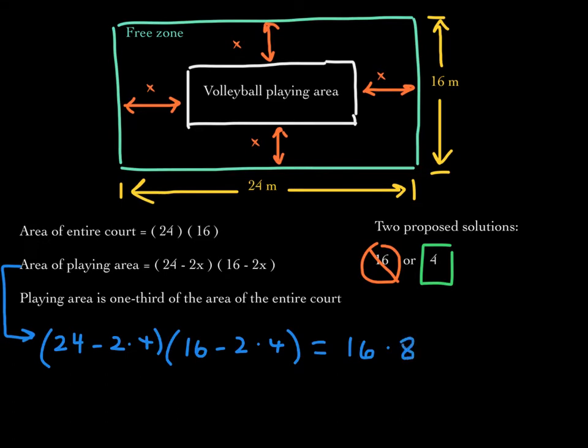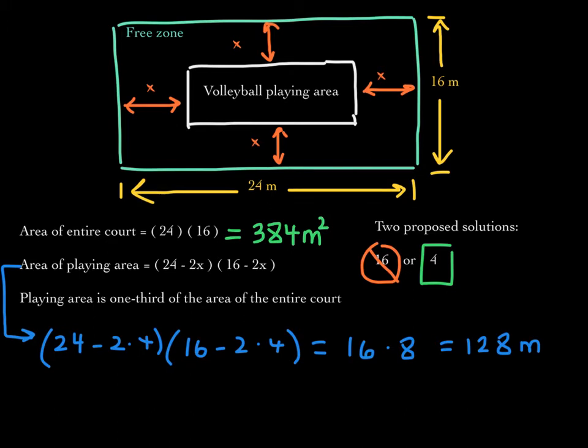So it'll be 16 times 8, which is 128 meters, okay? This would be the area of the playing area. Now, the area of the entire court is 24 times 16, which is 384 squared meters.